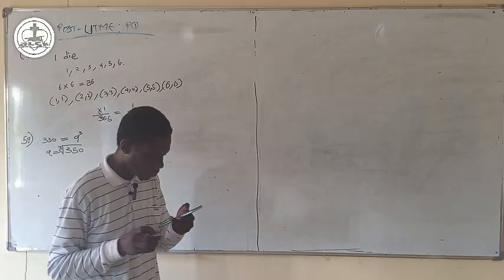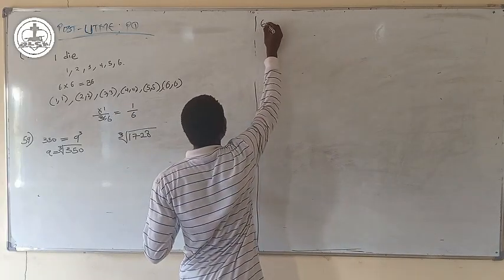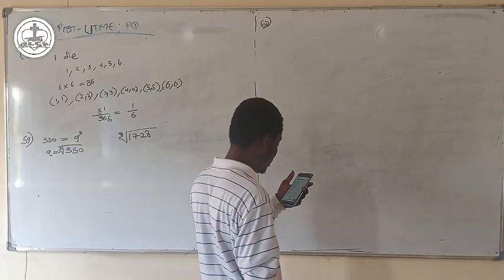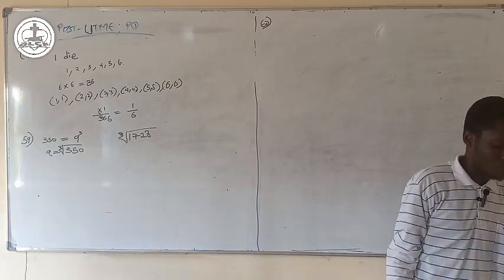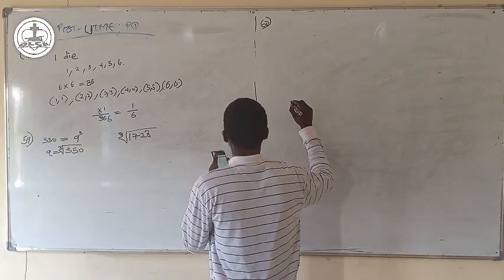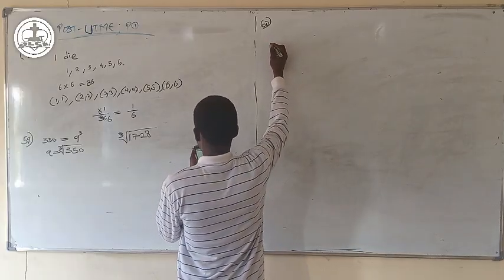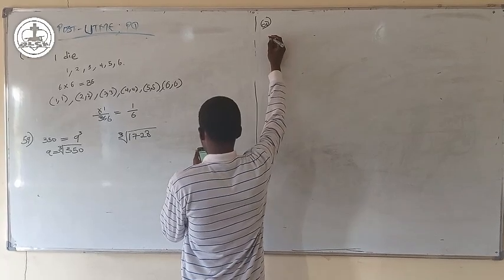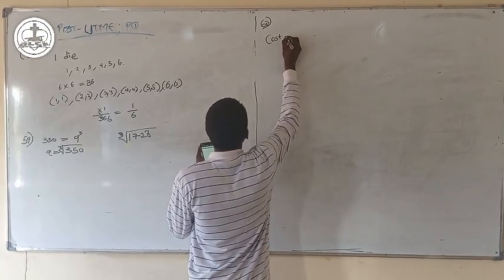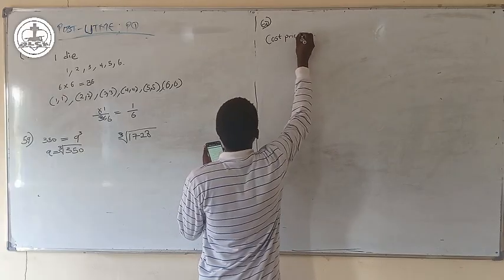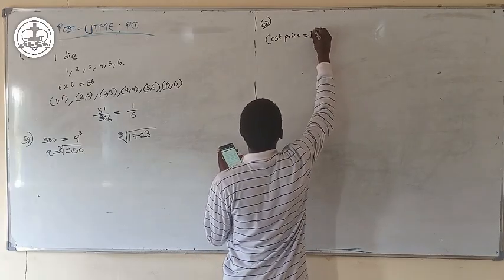Then we move to number 60. A man bought a television set on hire purchase for 25,000 naira. He bought it, the price is worth 25,000 naira.